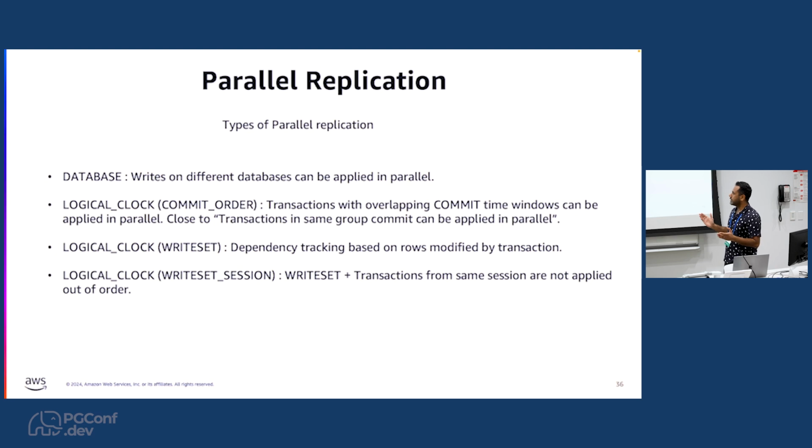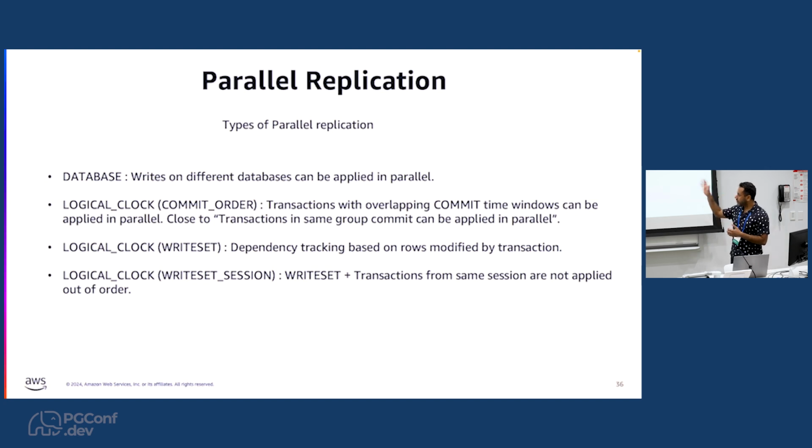The first one is just database level, right? Let's say I have a MySQL server with tens or hundreds of databases. I can say, hey, apply transactions to all of these databases in parallel. But this is not a very common use case, right? No one has hundreds of very different databases on the same MySQL server. And you also have to make sure you don't have cross-database constraints, which MySQL actually supports.